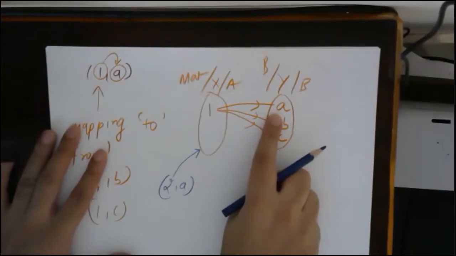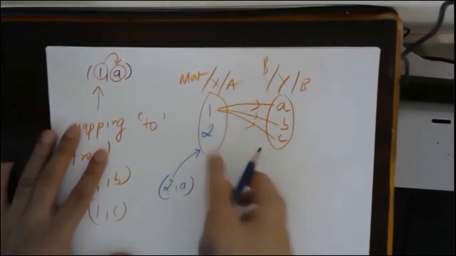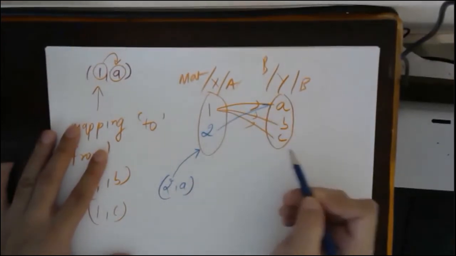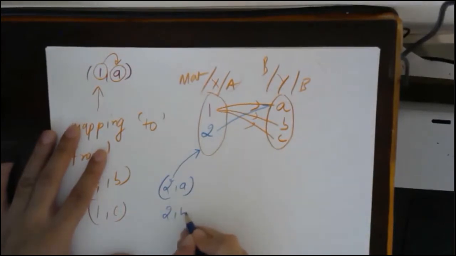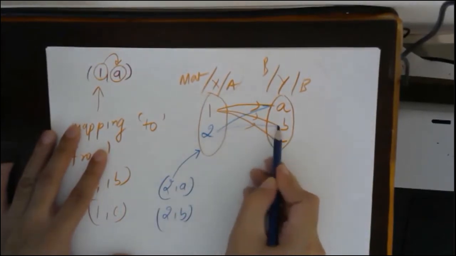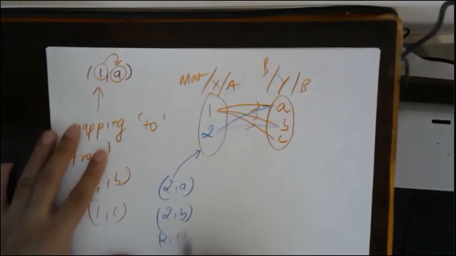That this 2 is linked with A. Similarly, if I write 2B, this 2 is also linked with B, and 2C, this 2 is also linked with C.